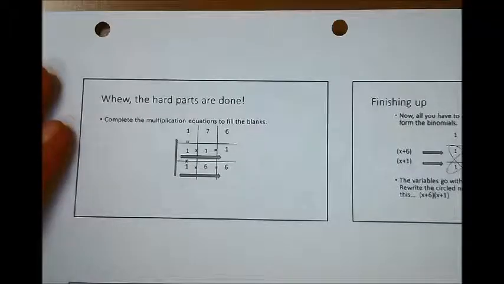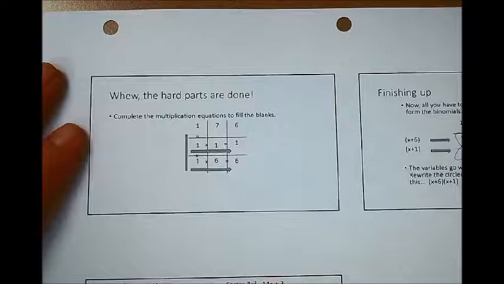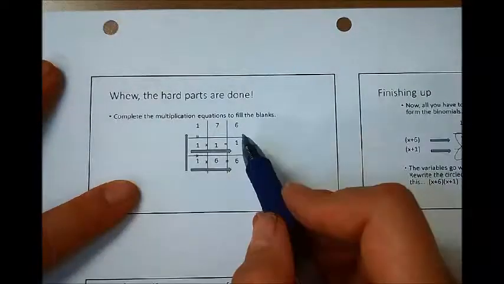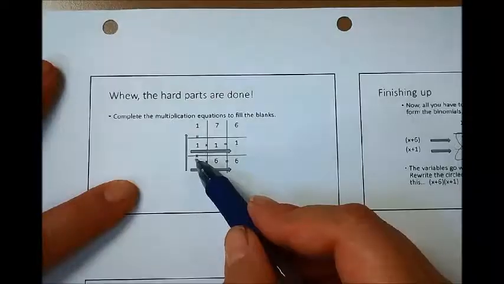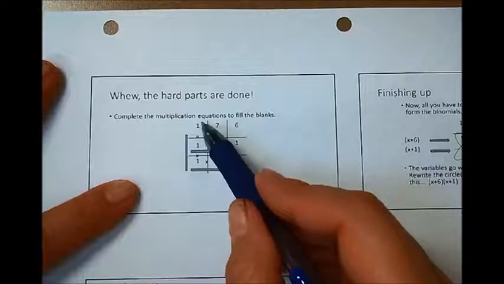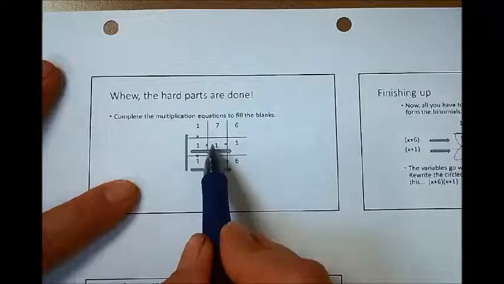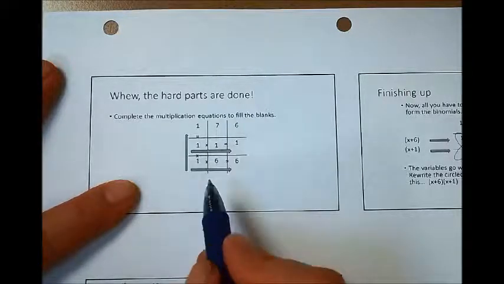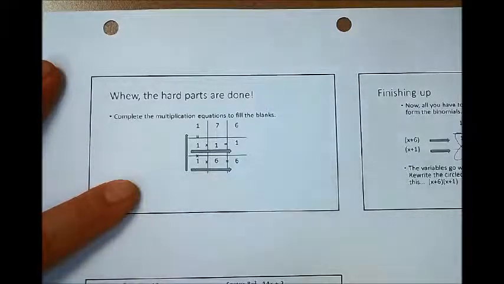Then the rest of it is not very complicated because we just put the 1 there and we already know our 1 and our 6 here. We can say we multiply up and we get 1 times 1 is 1, so we can fill that 1 in. Then we say 1 times what is 1? Well, 1 times 1 is 1. And then we multiply across and you get 1 times 6 is 6.